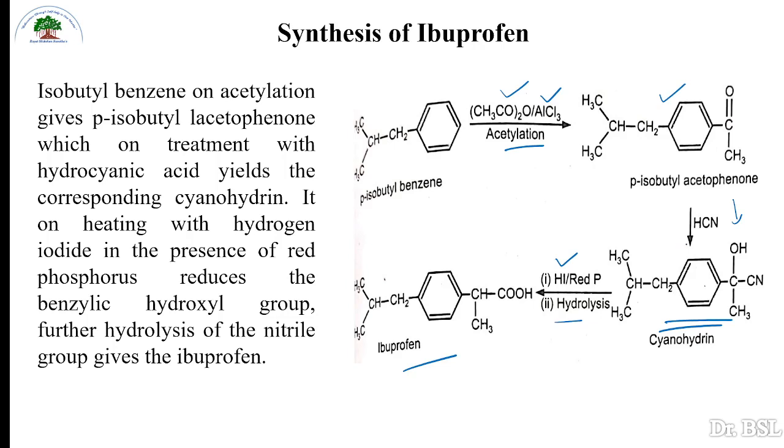The benzylic hydroxyl group reduces and hydrolysis of nitrile group gives us acid functionality. So finally we get ibuprofen.